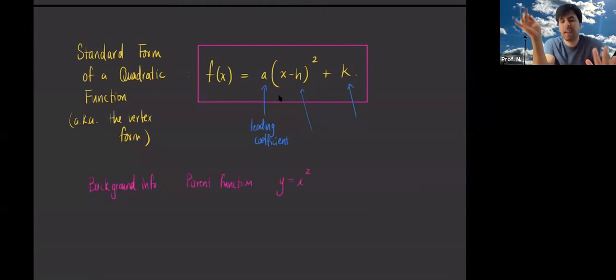And in a sense, every other quadratic function comes from a transformation of this parent function. If you notice that, then you would notice that the quadratic function written in standard form involves the transformations that are applied to y equals x squared, to the parent function.